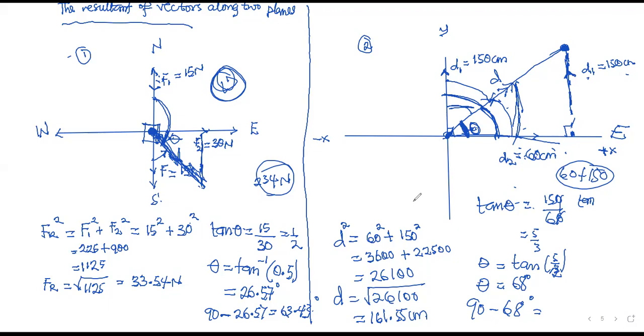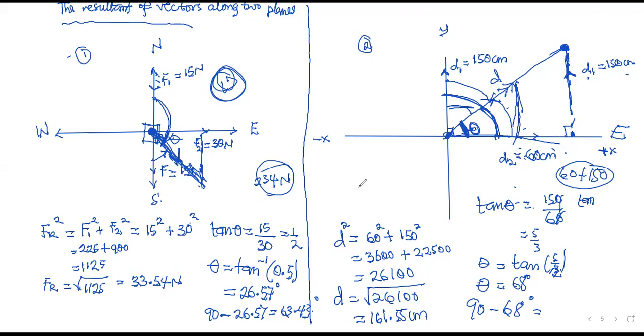Augustine, what you must write as your final answer, I told you that conventionally, whether you are taking it to x, due east or due north, is the direction. Usually the question will be specific: determine the direction of the resultant. It can be due north when you take it from north or when you take it from the east. Both indications of direction are right.